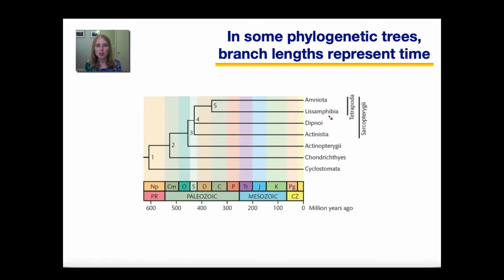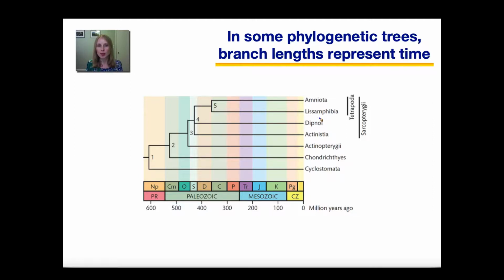In some phylogenetic trees, the length of the branch can directly represent time. So in the previous tree, the length of the branch represented the number of nucleotide changes that occurred during the evolution of this group. But now we're looking at time. So you could be asked, say I asked you, let's look at these two groups of organisms.